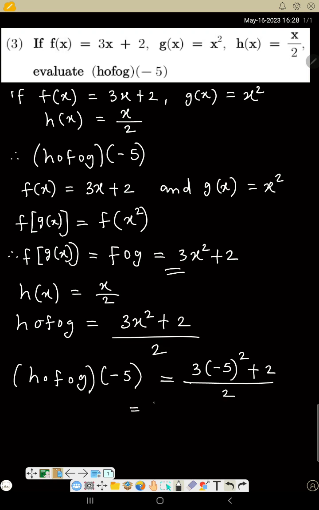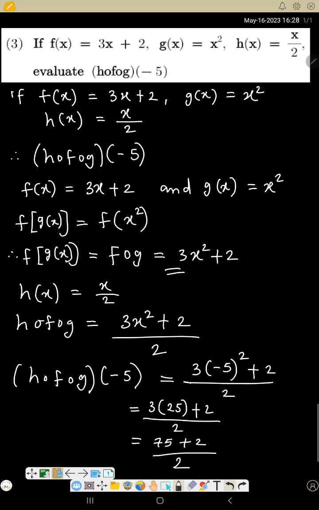So this is the same thing as 3 brackets 25, because minus 5 squared is 25, plus 2 divided by 2. Now this is 3 times 25, 75 plus 2 divided by 2.